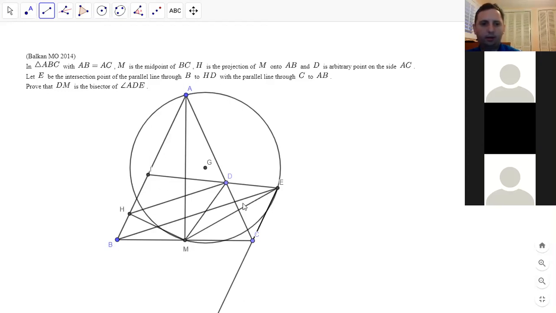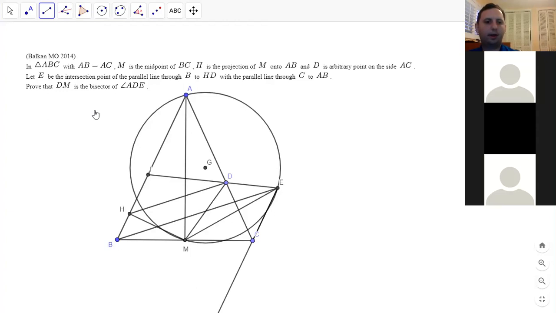So ADI is similar to DEC. Feel like maybe that would help. So yeah, we want to find something about the distance from M to DI. M would also be interesting. Yeah, it would be the excenter of ADI also. So it'd be like a double excenter.